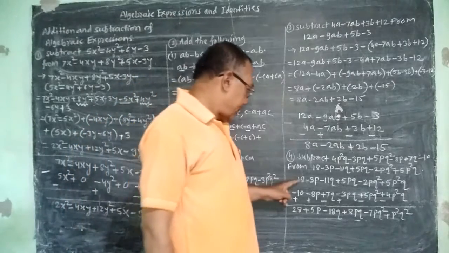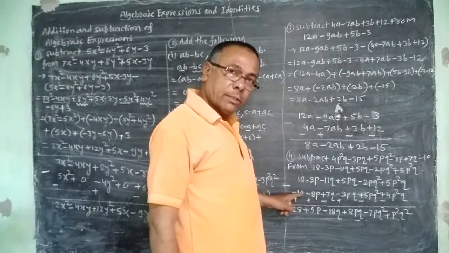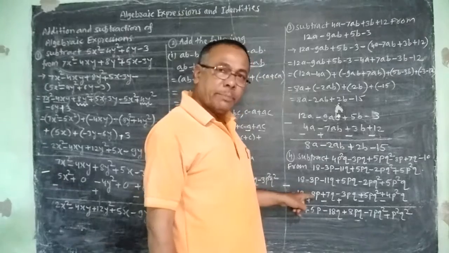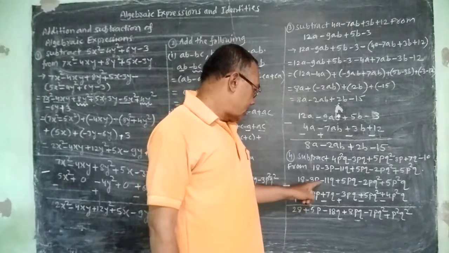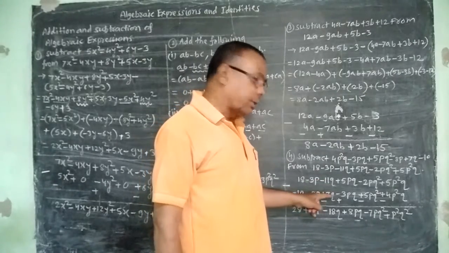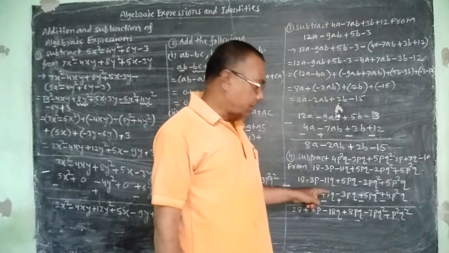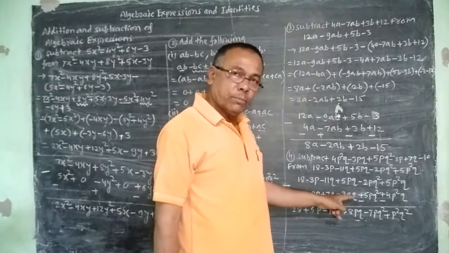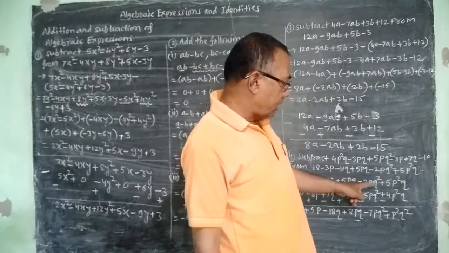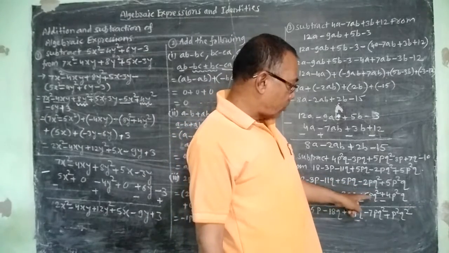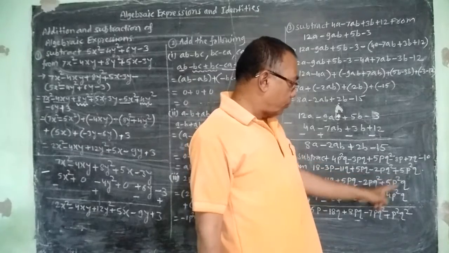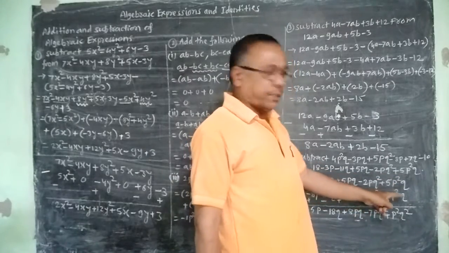So here 18 and minus 10, because these are the only numbers, then minus 3p and minus 8p, these are the like terms. Minus 11q and plus 7q also are the like terms here, plus 5pq and minus 3pq. Then next minus 2pq square and plus 5pq square, plus 5p square q and 4p square q.